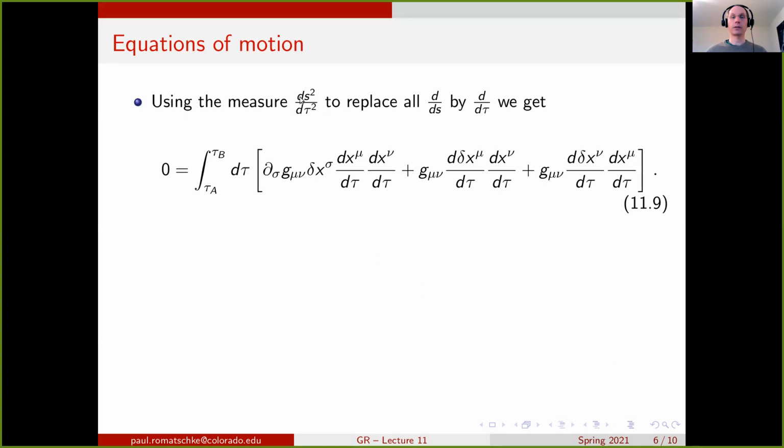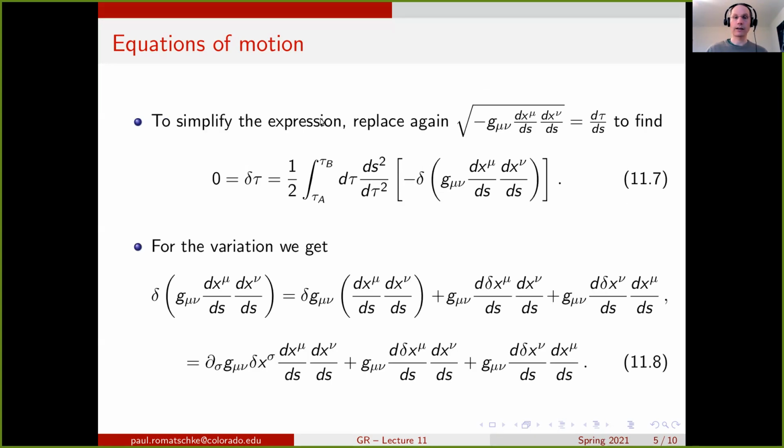Now we can use this part of the measure, ds squared over dτ squared. Let me go back here. This dτ squared over ds squared, we can multiply it into the expression of this variation. That's useful because this variation here contains ds squared in the denominator for all of these three expressions, and we have a ds squared over dτ squared here in this part of the measure.